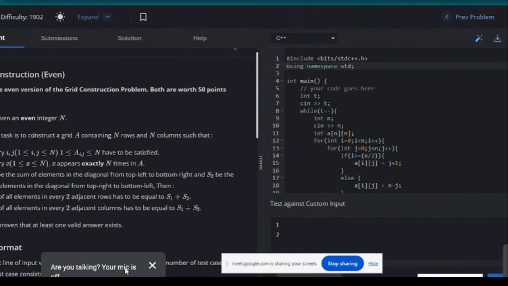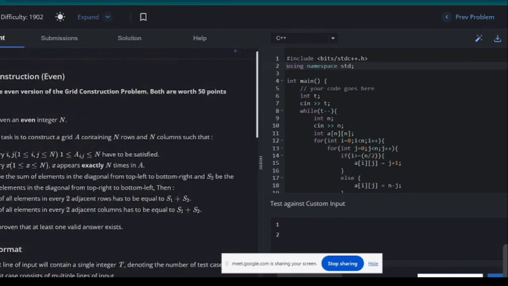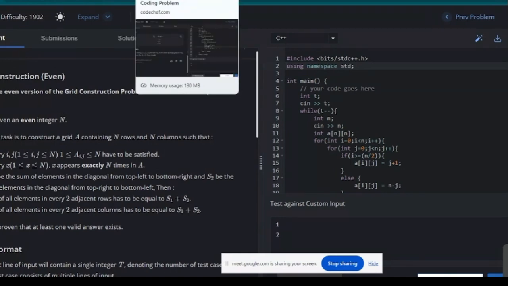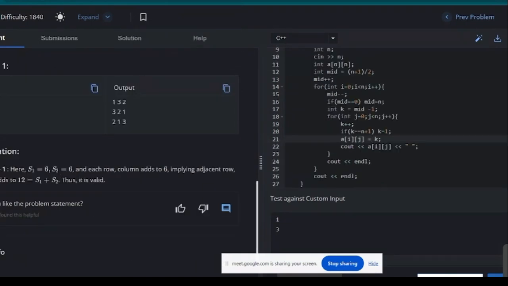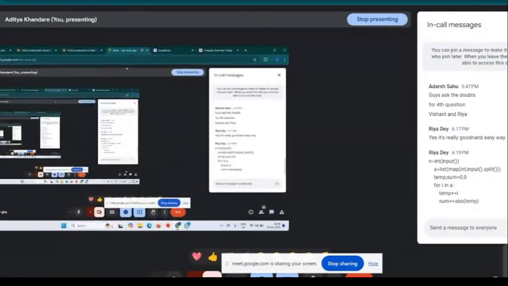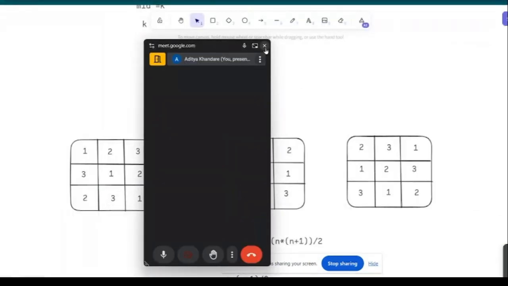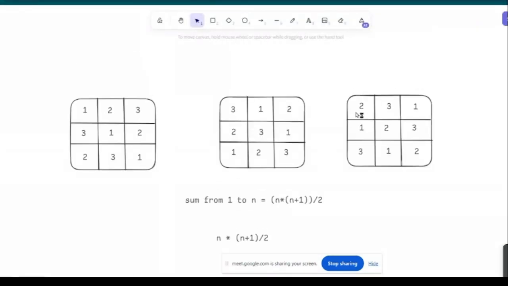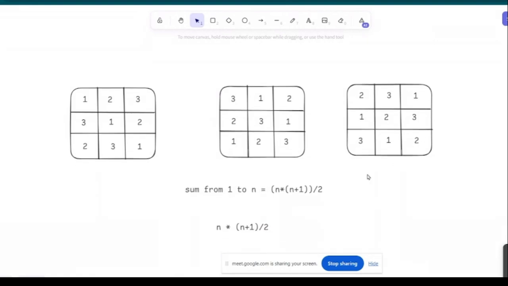In this question we are given n as an even integer, and in the previous question it was odd. So here we can't use a similar approach, because we can see we are taking this left diagonal element as (n plus 1) by 2, right?